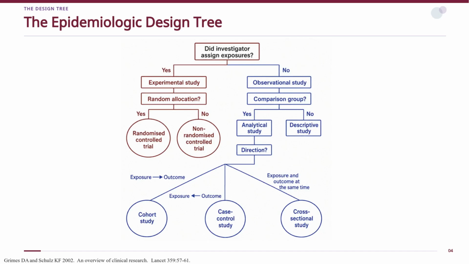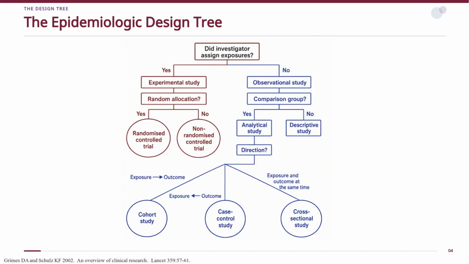If the investigator did not assign the exposure, the study is observational. We then ask whether there is a comparison group. If there is no comparison group, the study is mainly descriptive. If there is a comparison group, it is an analytical observational study. For analytical observational studies, the next question is about the direction of inquiry.